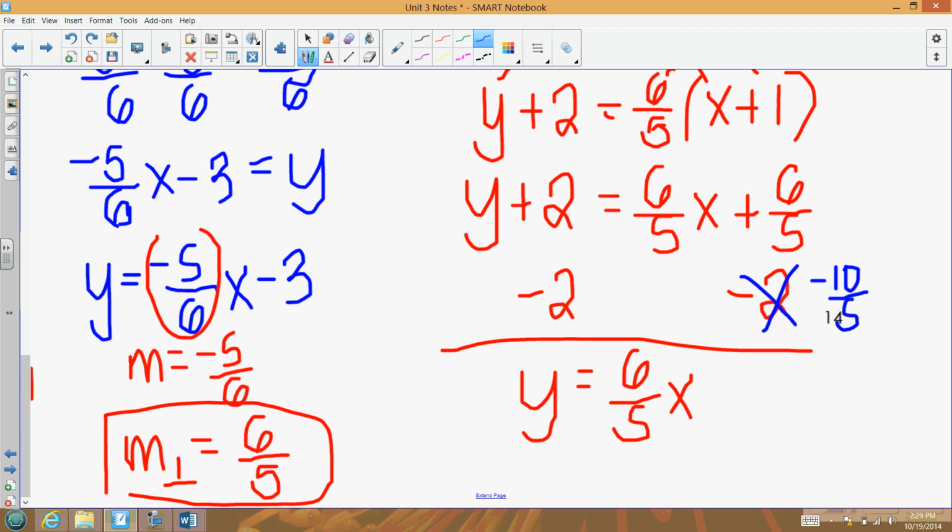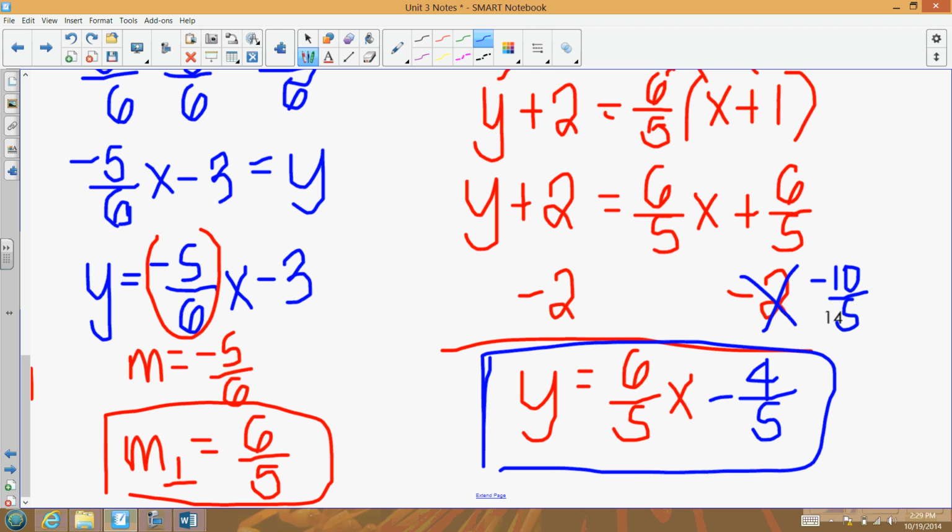So negative 2 is equal to negative 10 over 5. I wanted a common denominator of 5, so that's why I did that. Then you keep the denominator of 5 and subtract the numbers up top. So 6 minus 10 gives me negative 4. So this is going to be a negative 4/5 as a y-intercept. And that would be your final answer.